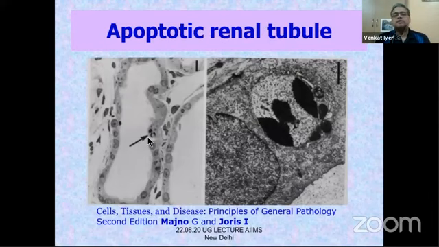Here is an apoptotic renal tubule. Compare with the necrotic tubule which I showed earlier in the last lecture. In that the entire outline was preserved but all the nuclei were lost or all the nuclei looked pycnotic. Here most of the nuclei are preserved and then suddenly you find an apoptotic body over here. And you can find occasional nuclear dots here.